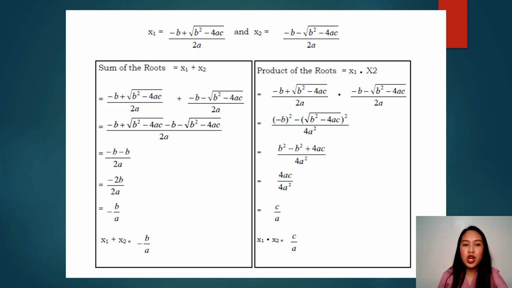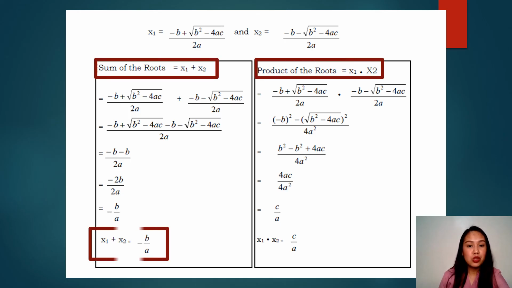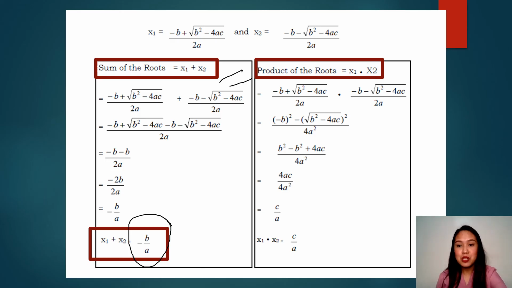Now, this is actually a computation of the simplified form if we add the 2 roots. So for the sum of the roots, x sub 1 plus x sub 2, you just have to use the formula negative b over a, substituting the values of a, b, and c again.